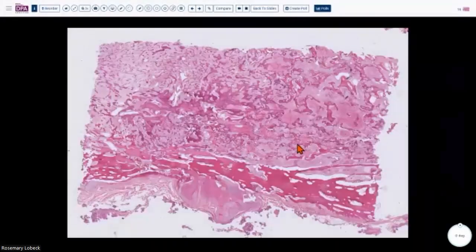So I will show you an example from another patient of a related tumor, which is basically a low-grade osteosarcoma. Parosteal osteosarcoma has the same genomic and morphologic features as a central low-grade osteosarcoma. So this is a central low-grade osteosarcoma.